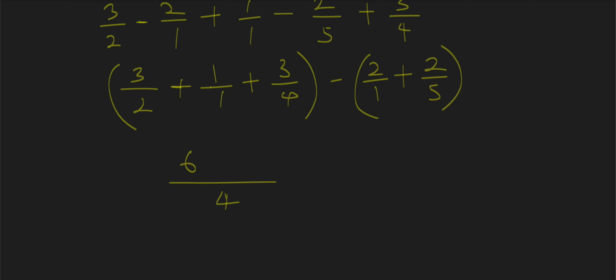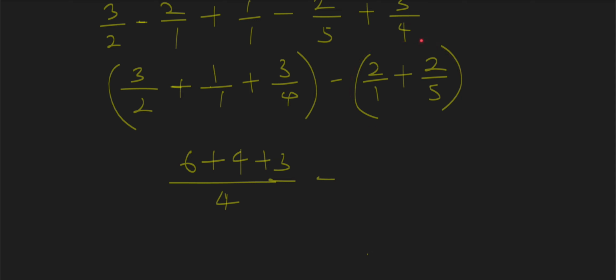We have 6 here plus 1 going into 4, 4 times 1, that's 4, and 4 going into itself once, so 1 times 3, that's 3. So we have this plus 3 all over 4. Okay, so this is minus what we have here.